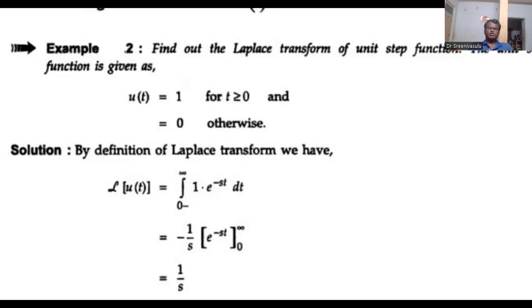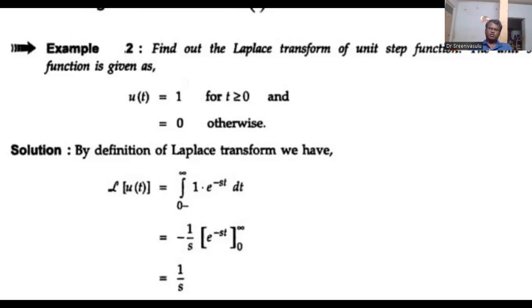Now first of all, let us find the Laplace transform of the unit step signal. All of you know the unit step is a positive sided signal. u of t is equal to 1 for time t greater than or equal to 0, and it is 0 otherwise.